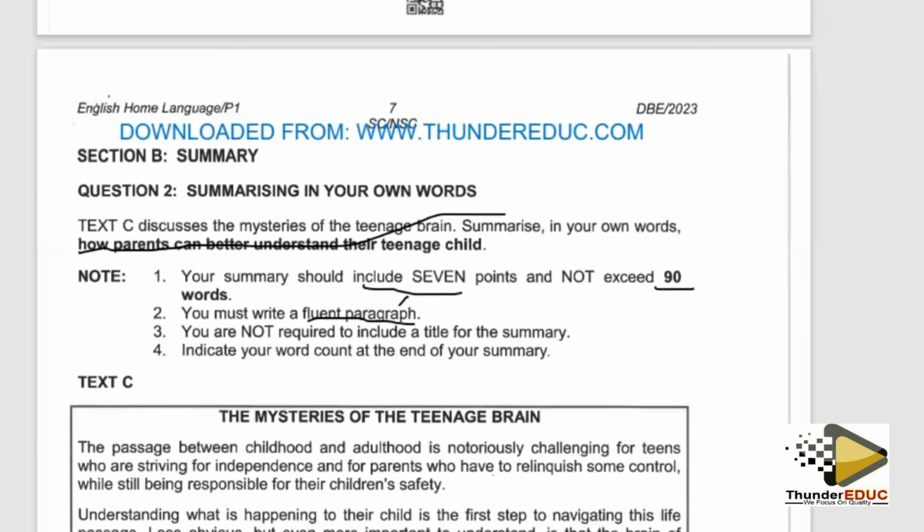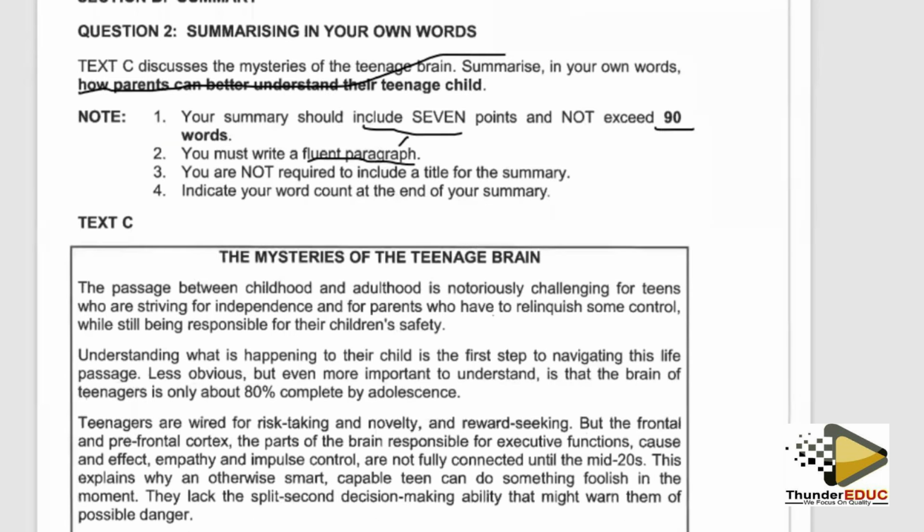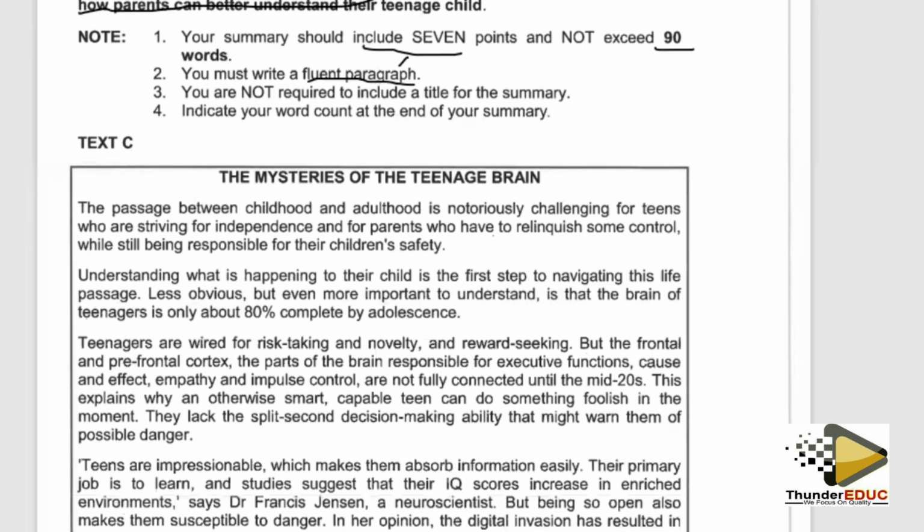So anything that you're taking in the summary is only dealing with a strategy that parents can use to better understand their teenage child. Remember, we are supposed to use our own words as far as possible. Please do not plagiarize. Please do not use the words as they are used in the passage. Please use what we call synonyms.